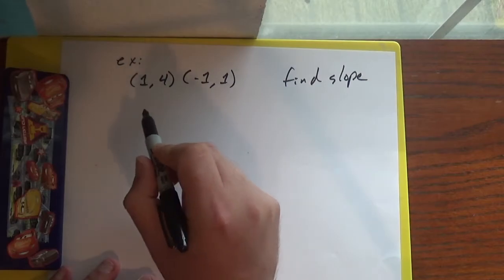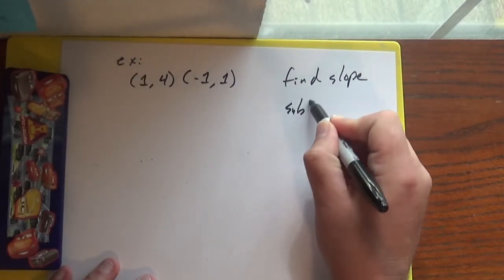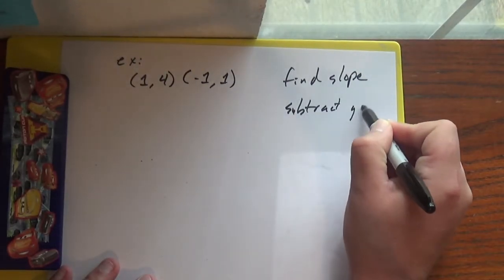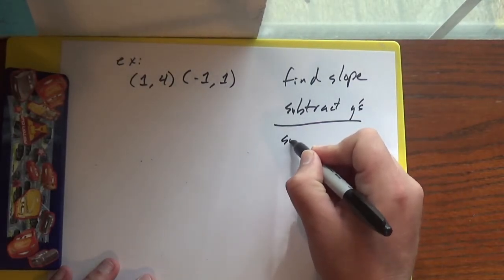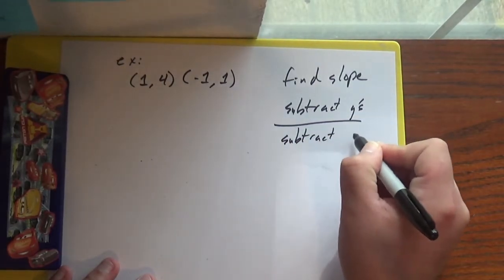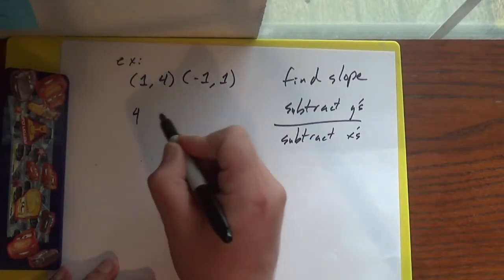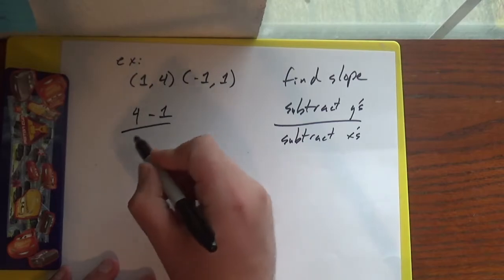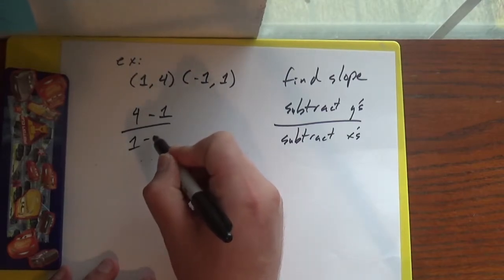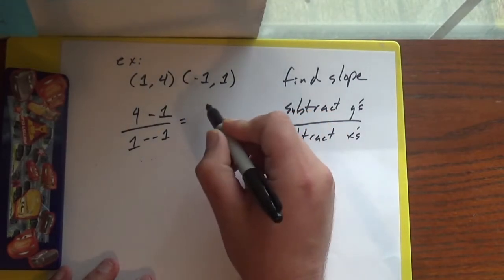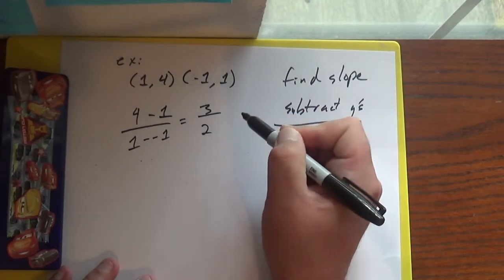So I'm going to do my y's on top. And I'm going to do my x's on bottom. So in this one, I've got 4 minus 1, 1 minus negative 1. So I get 3/2.